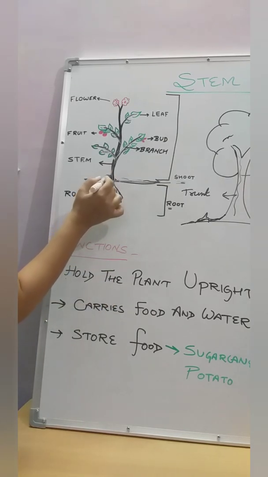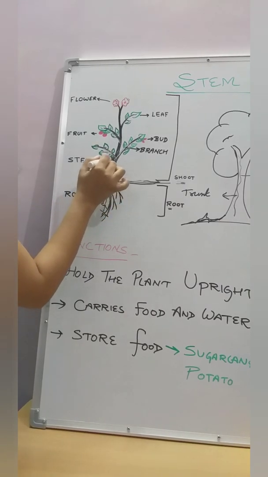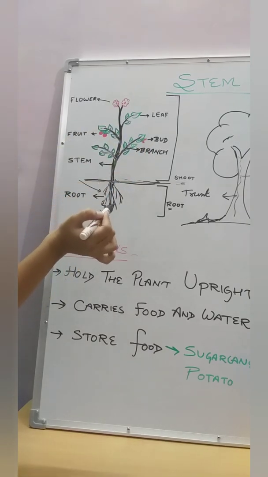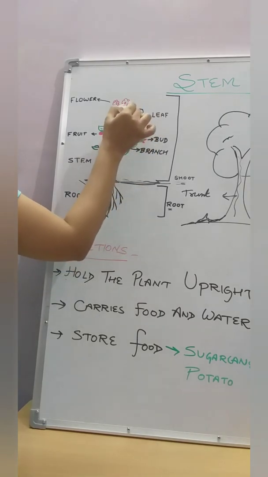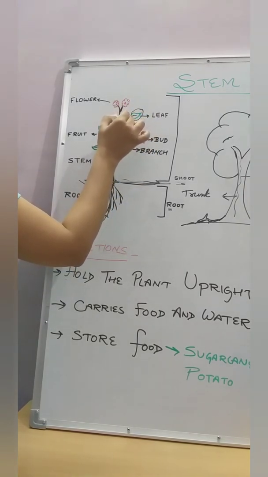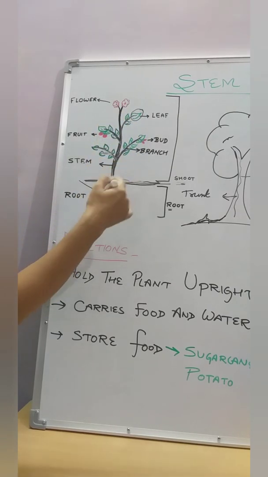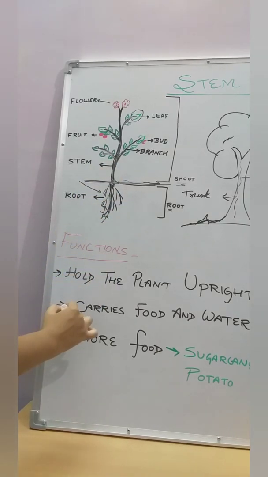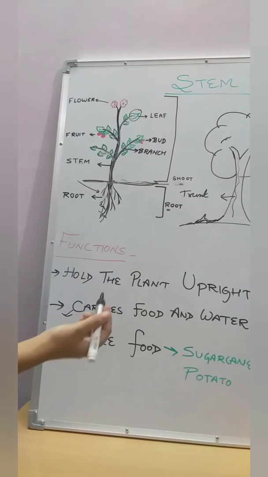Here you can see the water and mineral absorbed by the roots is carried through the stem and it passes to branches and leaves. Whereas the food that is prepared by the leaf is also carried by the stem only. So stem carries food and water to different parts of the plant.